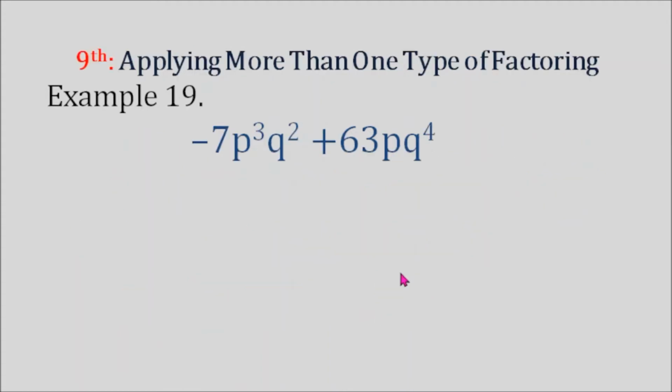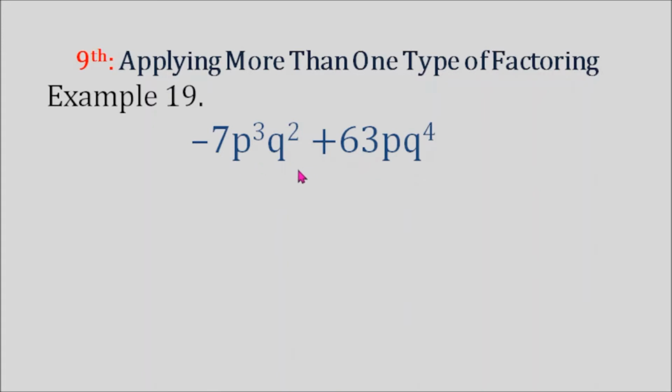The ninth factoring technique is applying more than one type of factoring. Example number 19. Factor negative 7p cubed q squared plus 63p q to the power of 4.